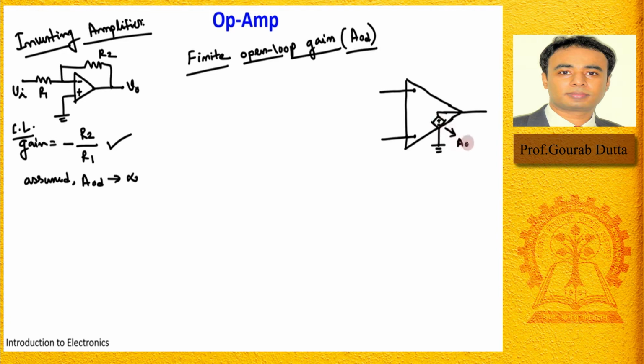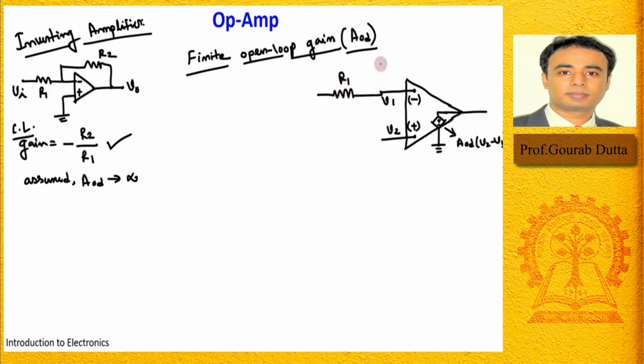It was AOD into V2 minus V1, where this was V2 and this potential was V1. This is the inverting terminal and this is the non-inverting terminal.